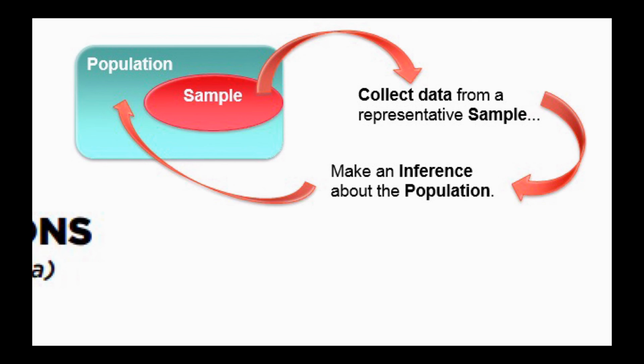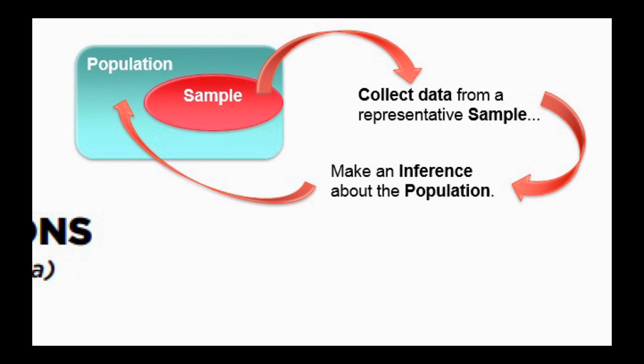That's you guys, right? You guys aren't a big number, right? So be careful with population. People think population's big. It can be big and it can be small. A sample is always going to be a subset. It's always going to be smaller than the population.